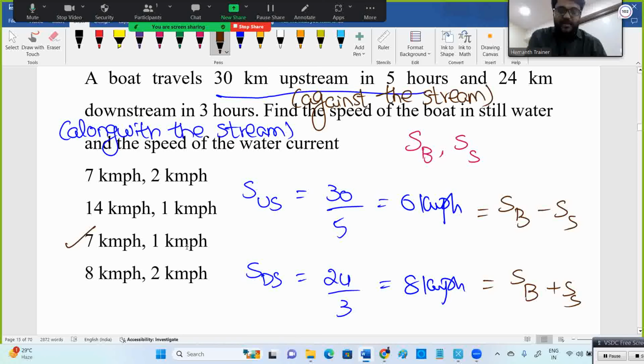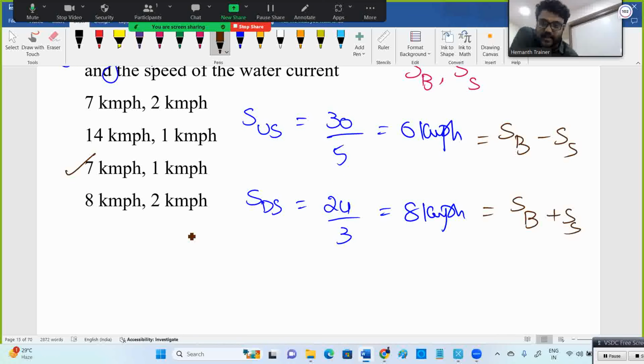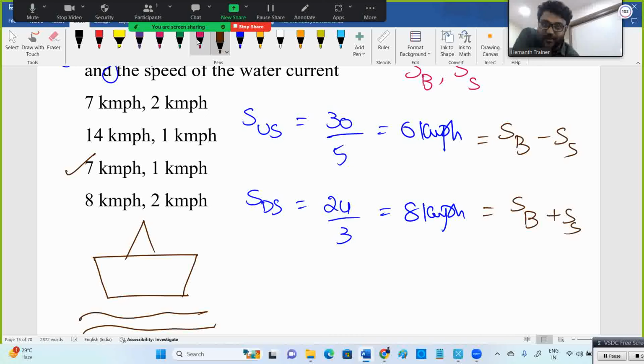For picturization, consider there is a boat, old trend. The boat is going in this way, and the water is going in this way. This is the upstream case.